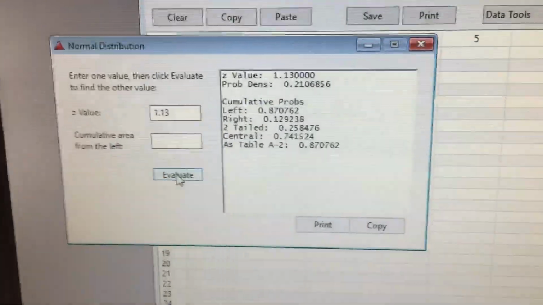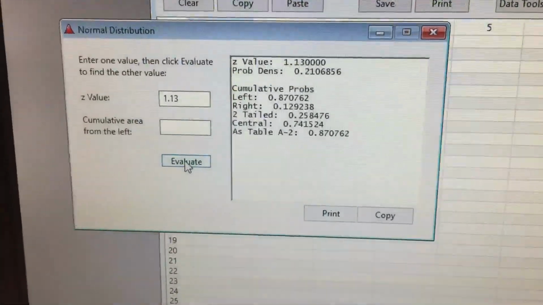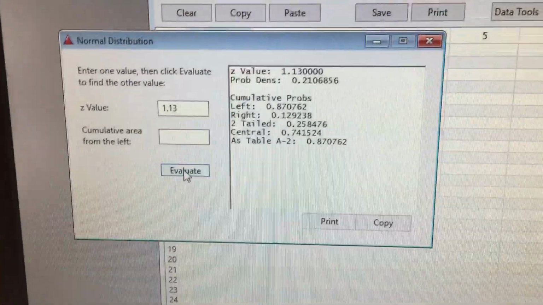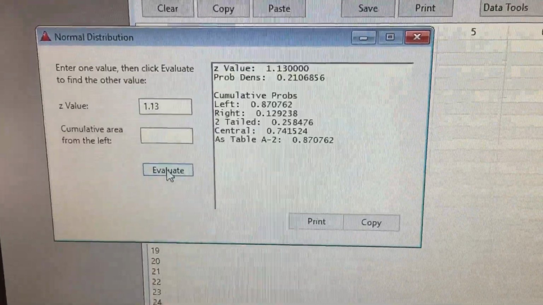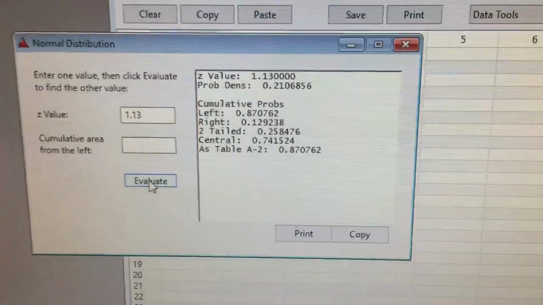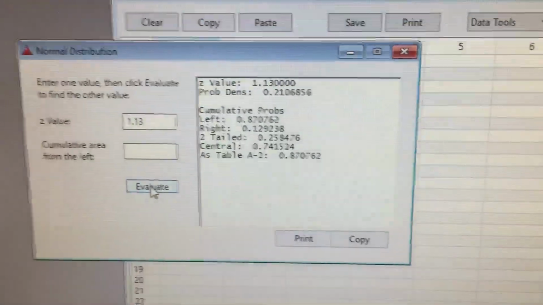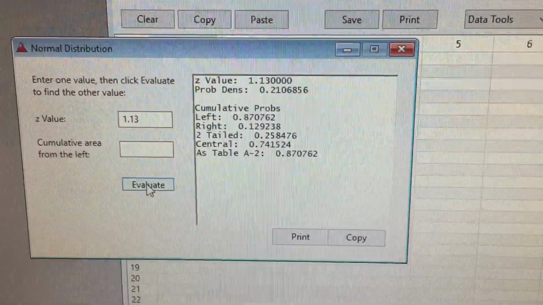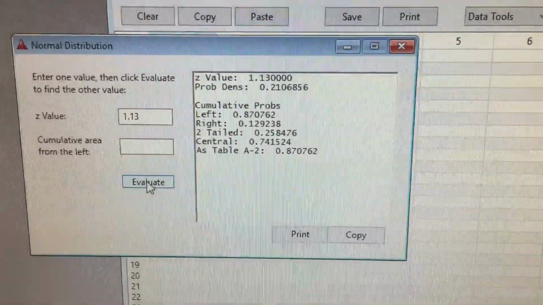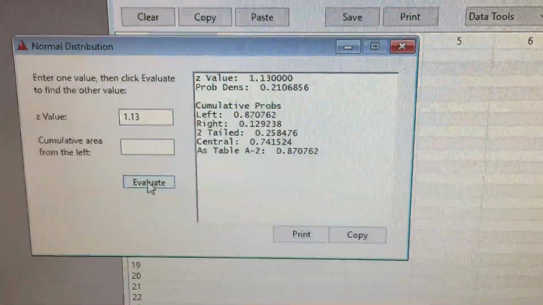Now, the problem does say for a probability value greater than 117. So we're going to be looking for the answer that says cumulative probability from the right this time. So the one where it says cumulative probability for the right, which was 0.129238, that's the one you'll use.